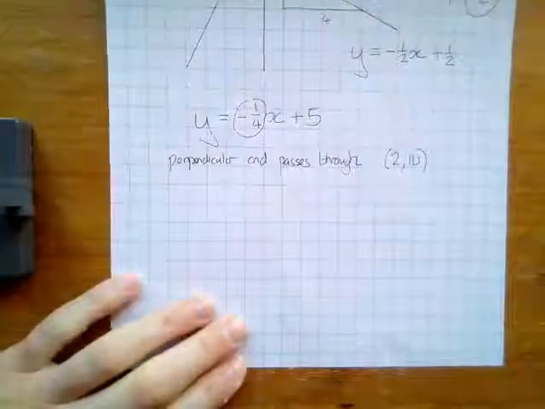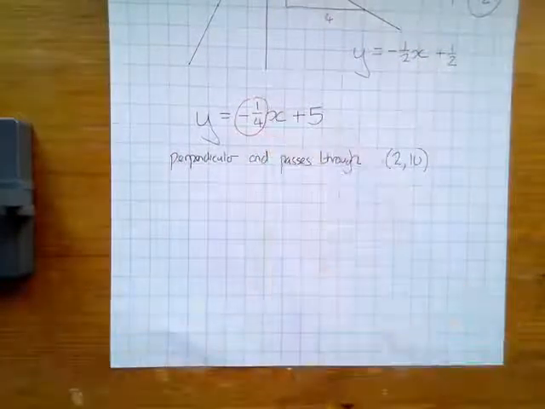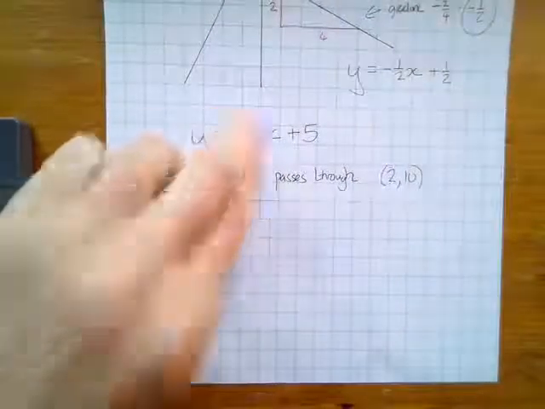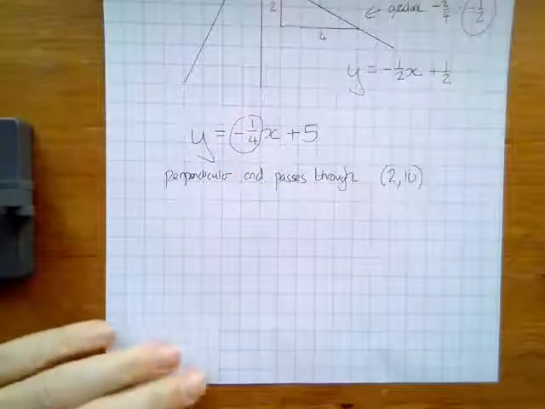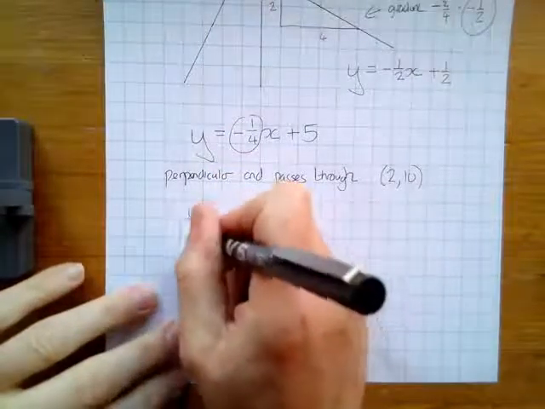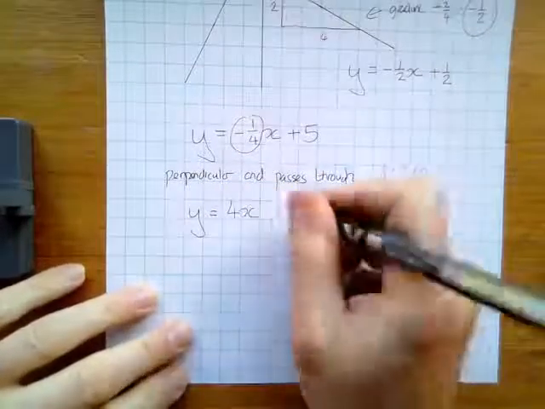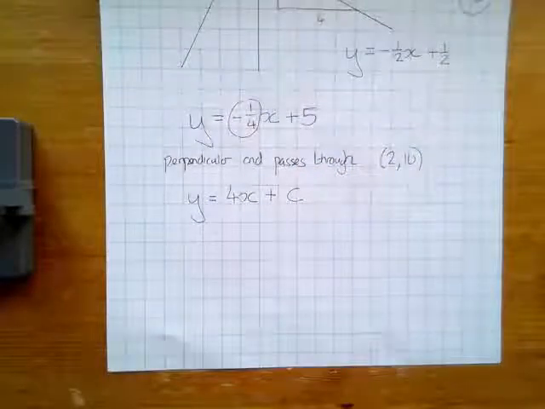I'm going to use the gradient that a line perpendicular to this would have. So remember, I find the reciprocal of a quarter, which is to flip the fraction upside down, and then change the sign. So I know the line I'm looking for is y equals 4x plus something, and I don't know what the something is yet.